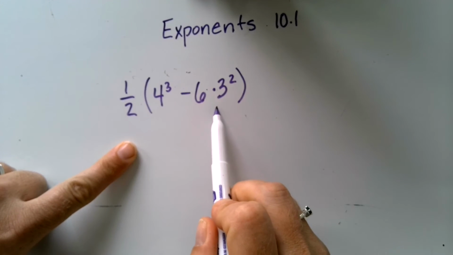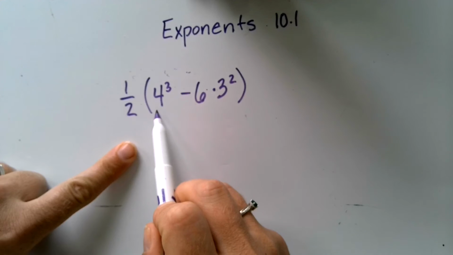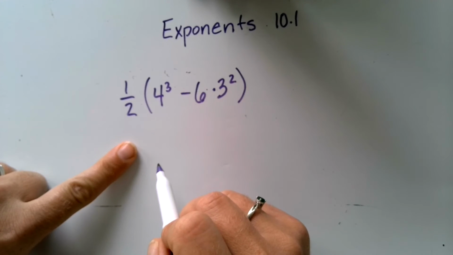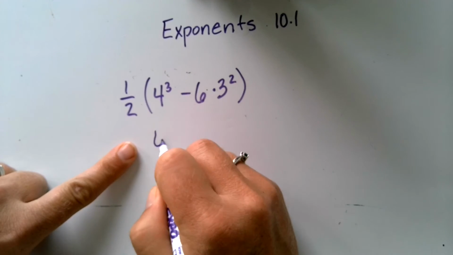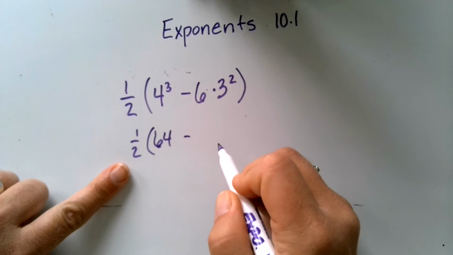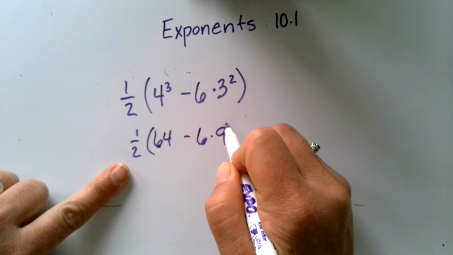So if you're evaluating this one, you have to keep thinking about PEMDAS. I see some exponents, so we're going to go ahead and evaluate those first. So 4 to the third is going to be 4 times 4, which is 16, times 4 gives us 64. So we bring down the 1/2, minus 6 times 3 to the 6 times 9.